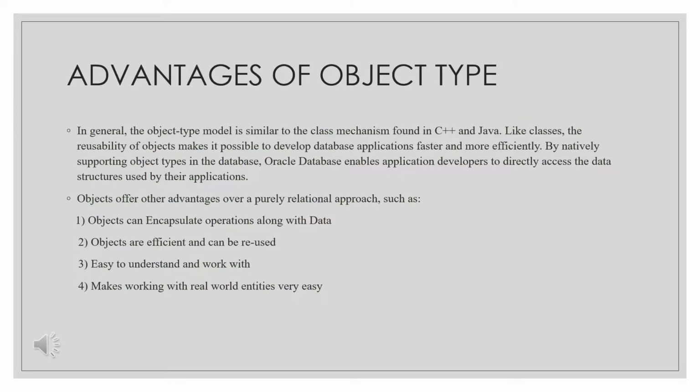As we have now studied object types, let's talk about the advantages of using them. In general, the object type is similar to the class mechanism, as in C++ and Java. So all the applications of object-oriented programming that a class has are available in object types too.